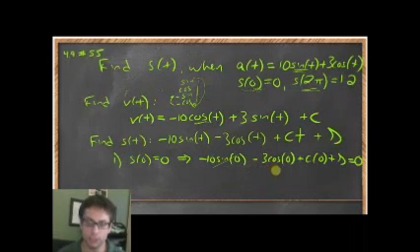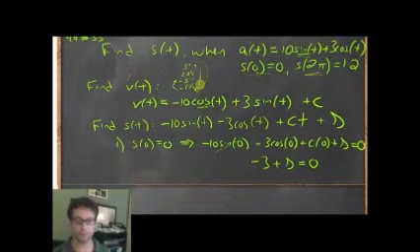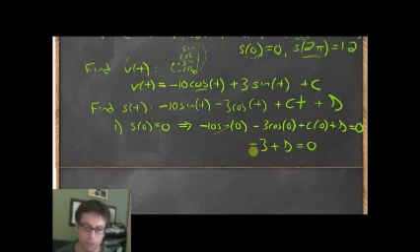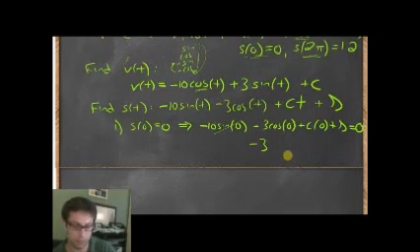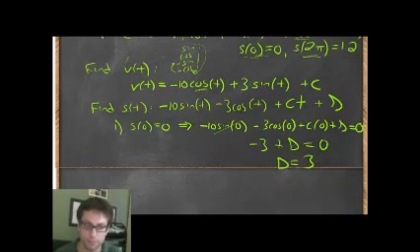Sine of 0 is 0, and cosine of 0 is 1, so we get negative 3 plus D equals 0. When we solve for D, D equals 3.